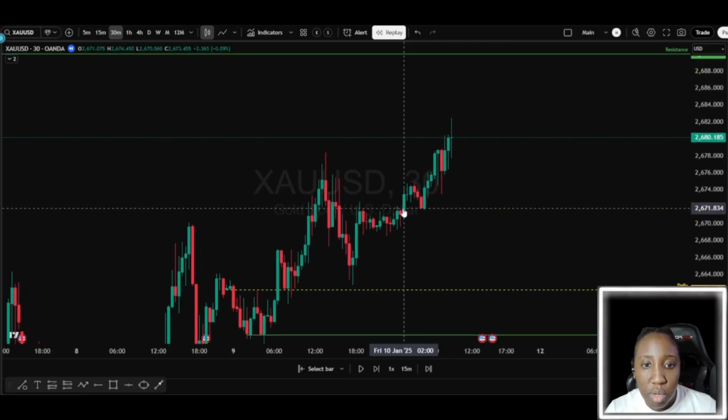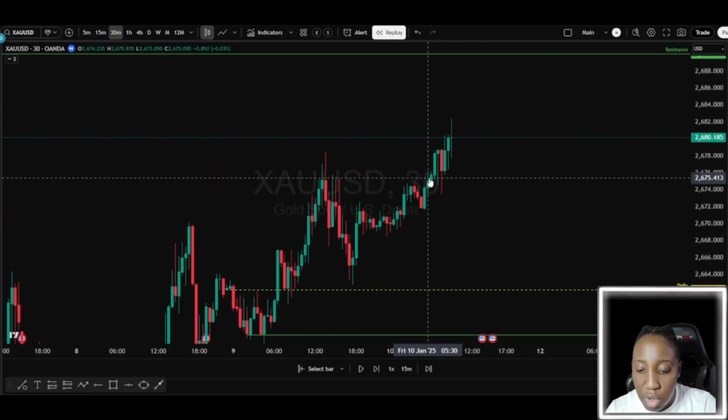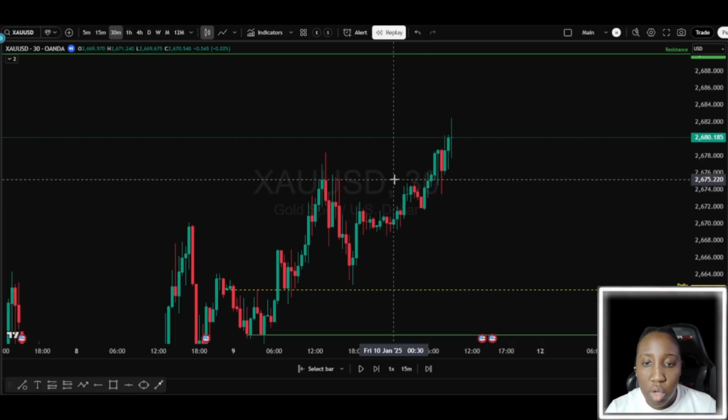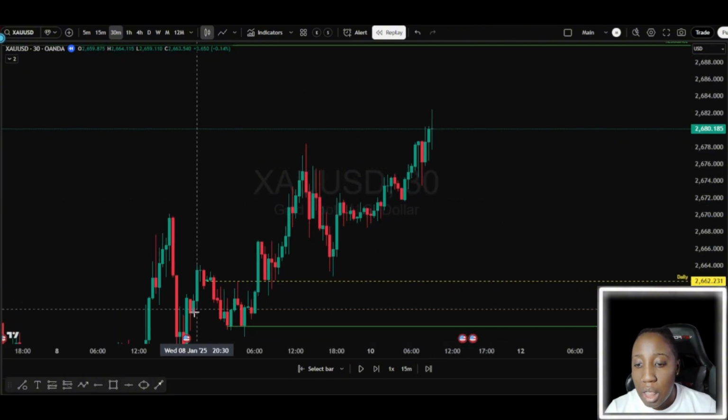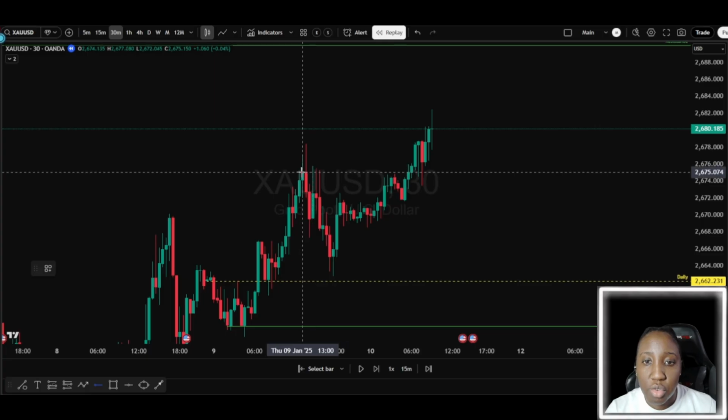Damn, let it run. But I'm not really liking this price action though, to be fair. As soon as I know it's NFP week, I'm just like, ugh. I know price likes to range before NFP.